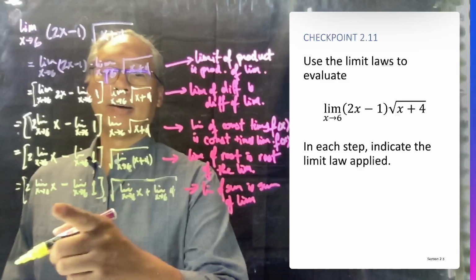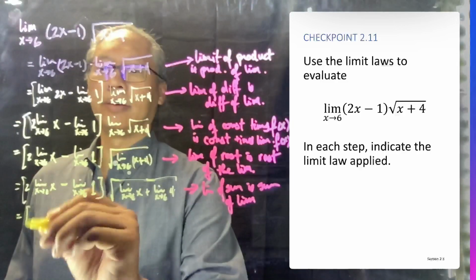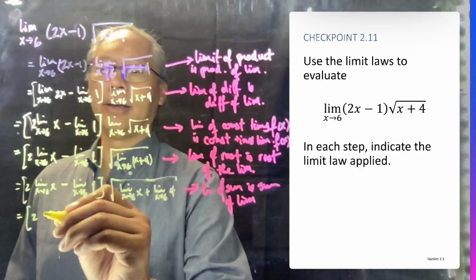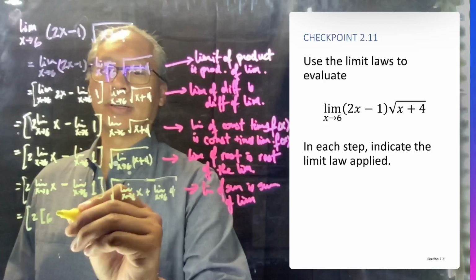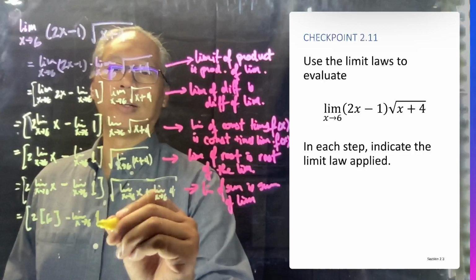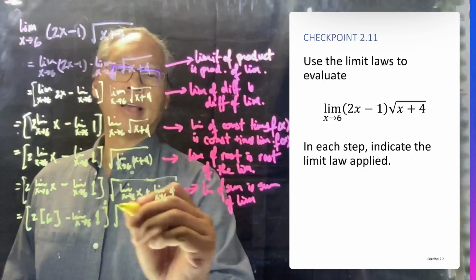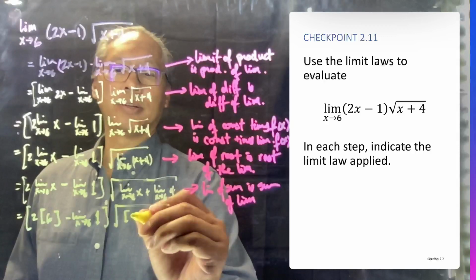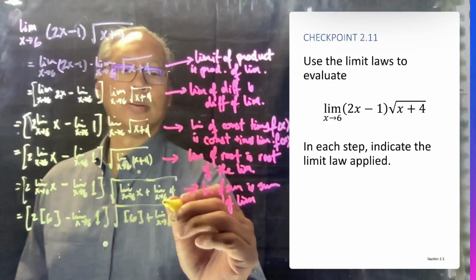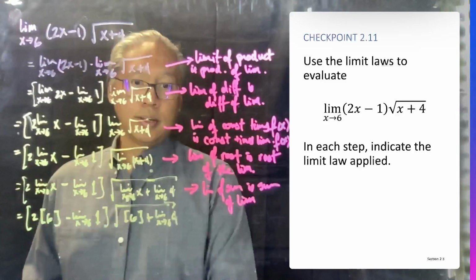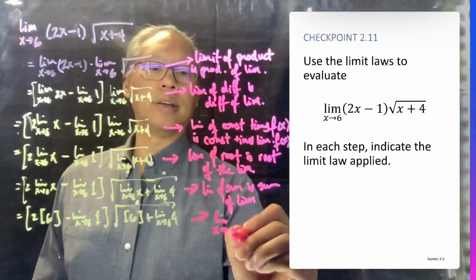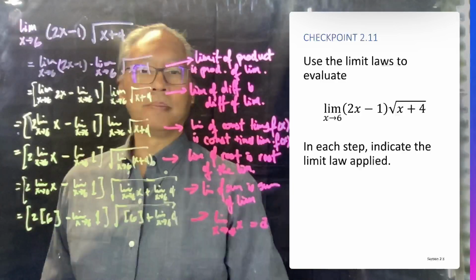All right, now let's evaluate one of the set of limits. Limit as x approaches a of x is just going to be a. So this is going to be 6. Limit as x approaches 6 of 1. And then that's happening here as well. This is just going to be 6. Limit as x approaches 6 of 4. So that one is saying that the limit as x approaches a of x is going to equal a.